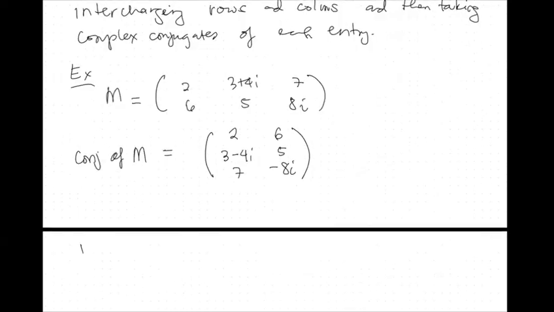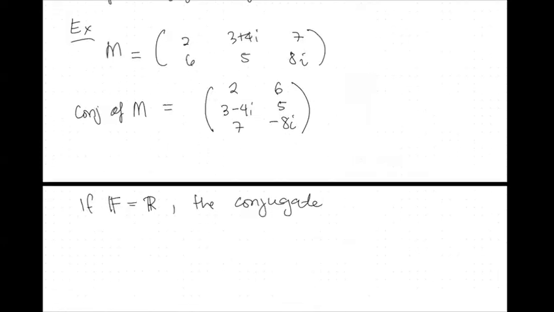So you have a remark: if F is just R, the conjugate transpose is just the transpose because we don't have the complex conjugate. I mean, the complex conjugate of a real number is just itself, the real number.